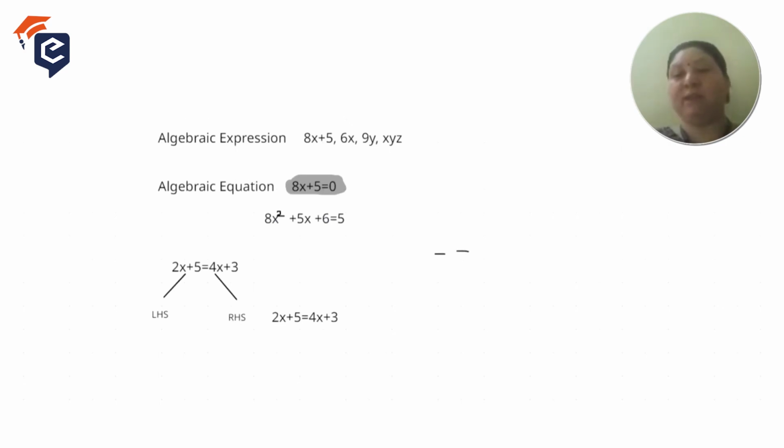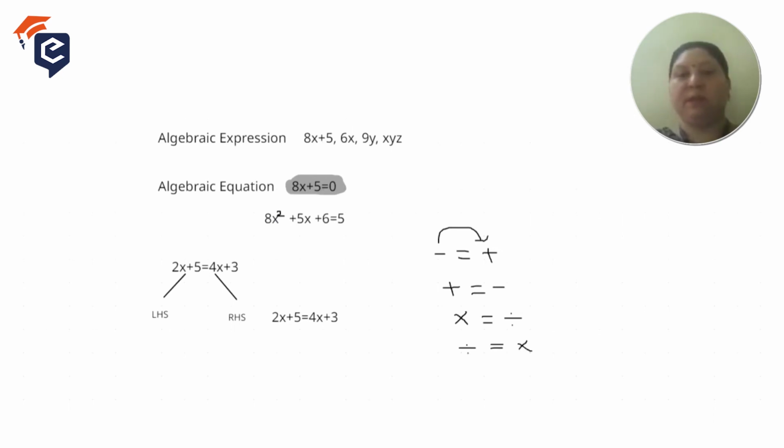Whenever we shift a term having a negative sign to the other side, the sign gets converted into plus. The same applies for plus: the plus sign gets converted into minus. Similarly, a multiplication gets converted into division, and a division gets converted into multiplication.